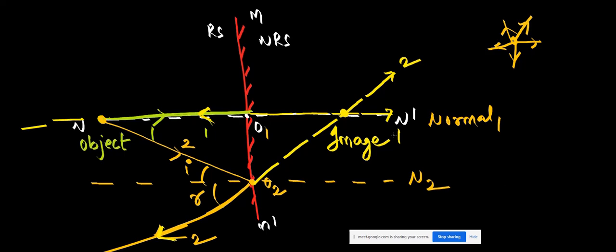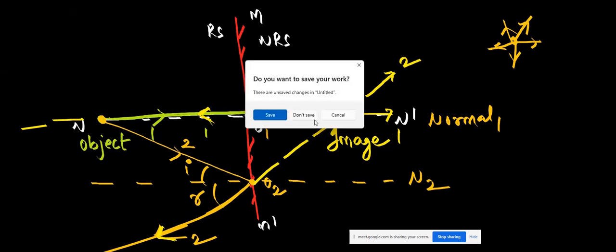Now we will take an extended object. How do we consider an extended object? What is the way that we represent it? An upward arrow. So an extended object, and we take it for a plane mirror.